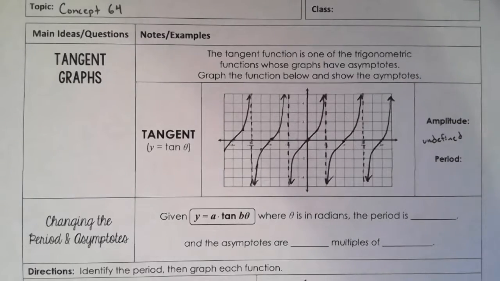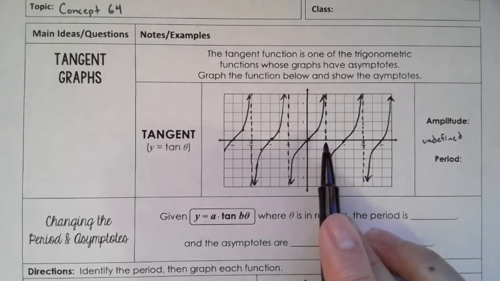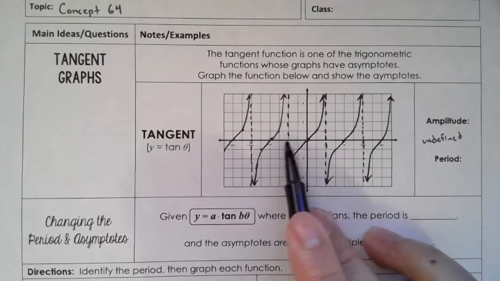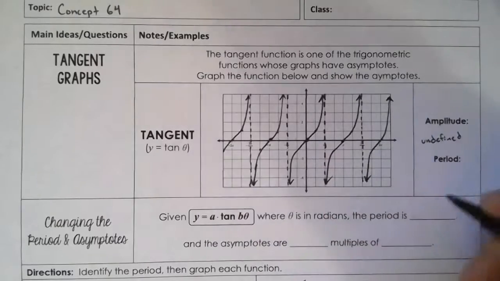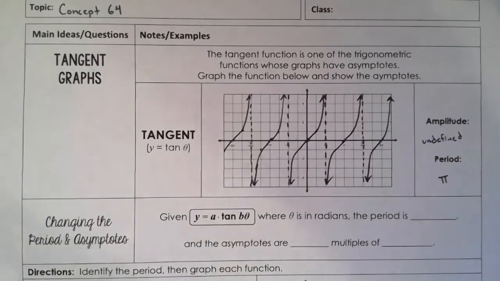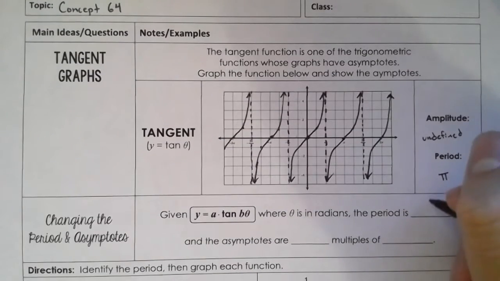Okay, the period is, notice, basically the distance between asymptotes: pi over 2 minus negative pi over 2. What's the distance there? It would be pi. So the standard tangent function has a period of pi. Given y equals a tangent b theta, where theta is in radians, the period will be pi over the absolute value of b.